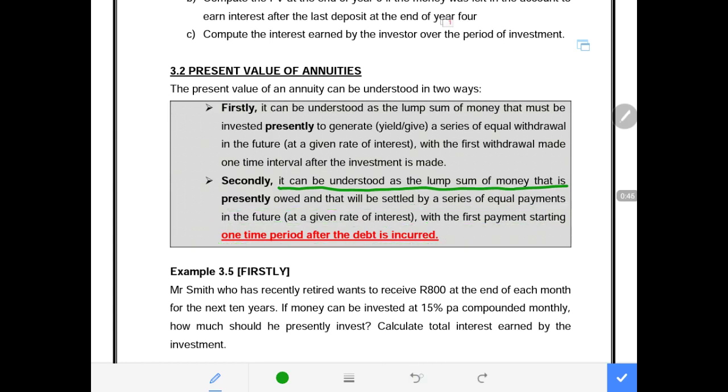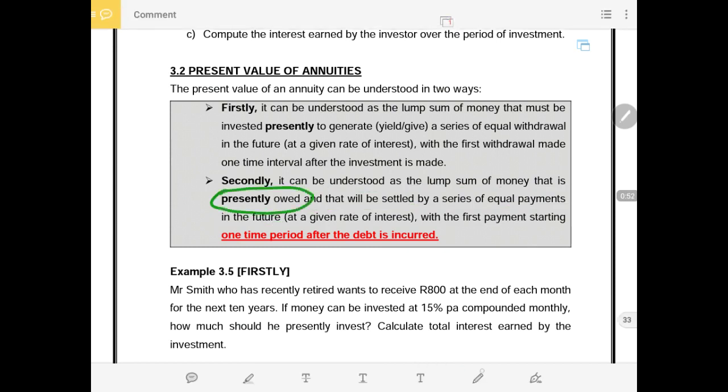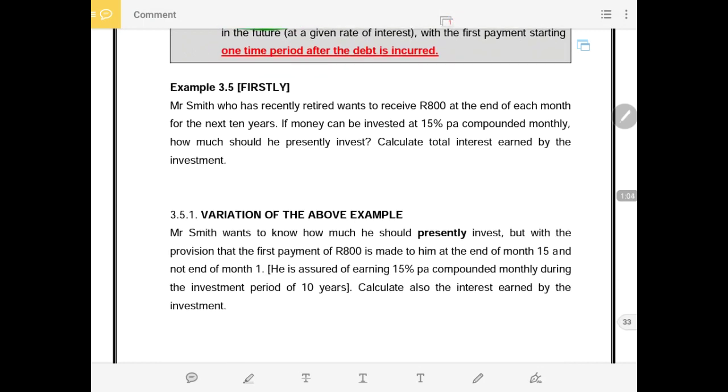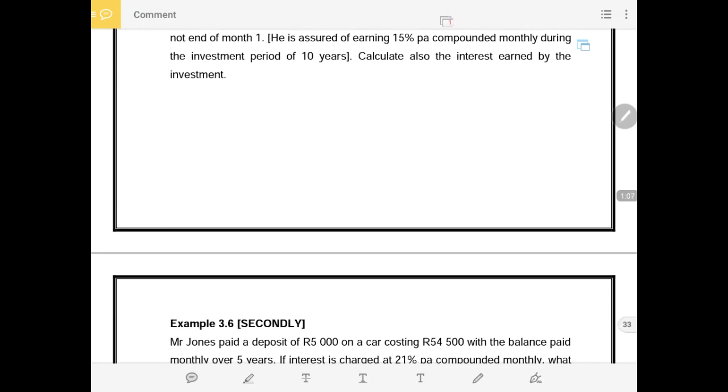What is very important is the fact that the person presently is owing money now, not in the future. In the previous scenario, it was the person that invests money presently, then wants withdrawals from a certain period for the next number of months or number of years.